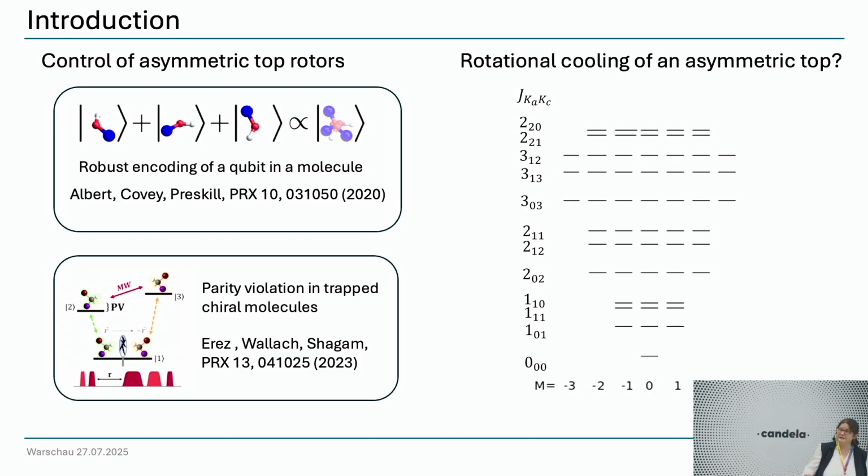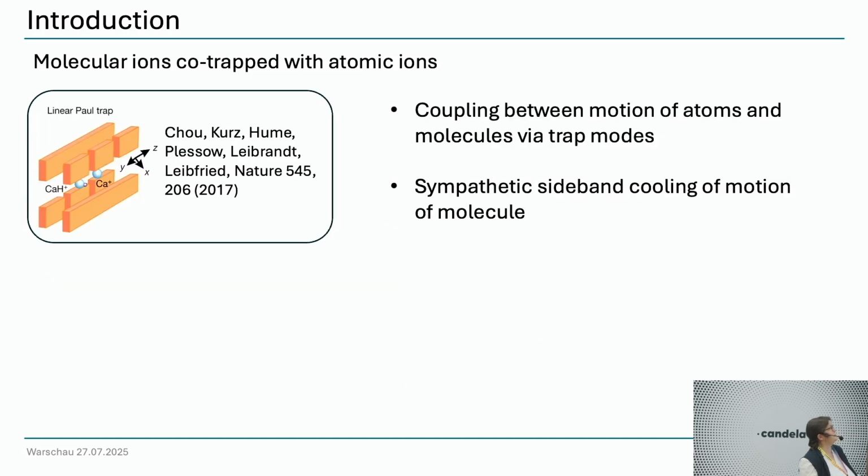And since the molecules we are looking at are far too complex to attempt any sort of direct laser cooling, we rather look at a molecular ion and at a setup where we co-trap a molecular ion with an atomic ion.